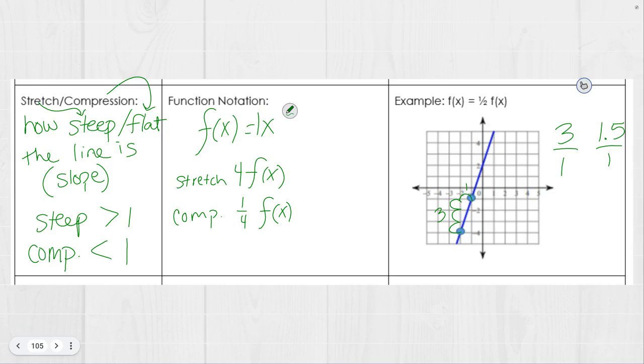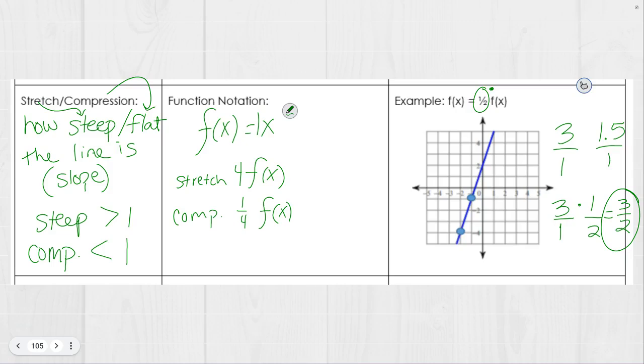Or, what is half of? Of means multiply. So if the original is 3, multiply it by 1 over 2 equals 3 over 2. So I would go up 3 and then over 2 for my next point.